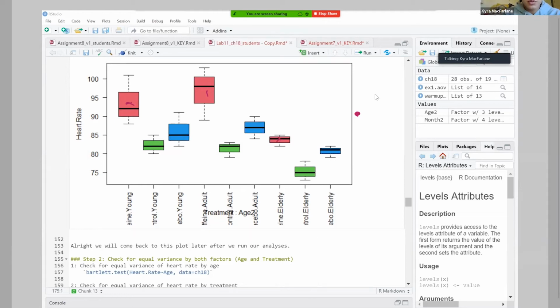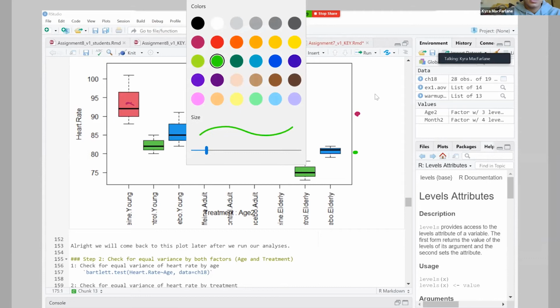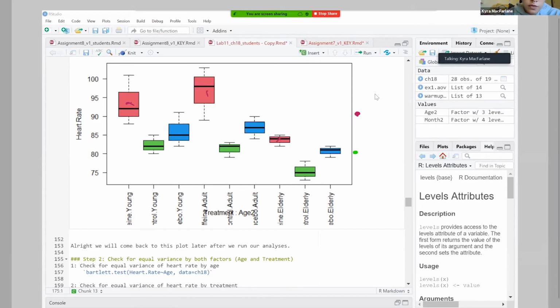The average between these green groups is maybe here. And then the placebo average is maybe around here.